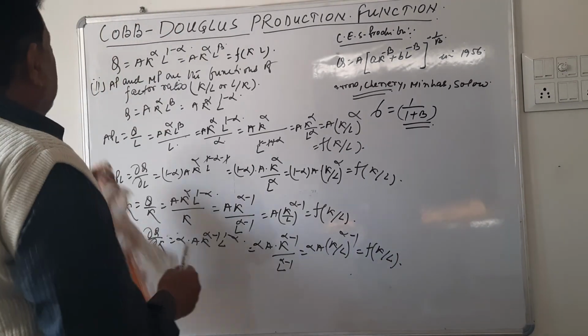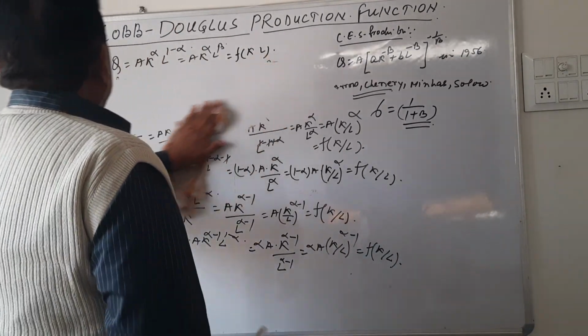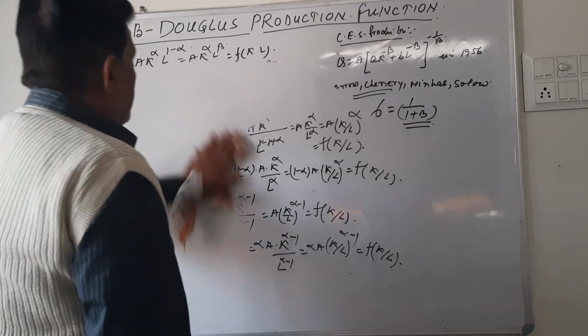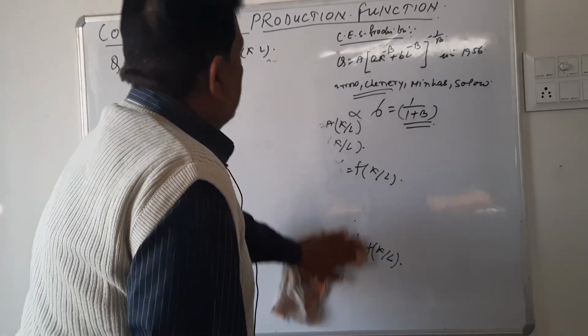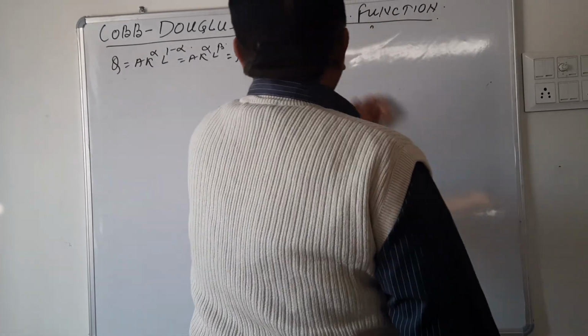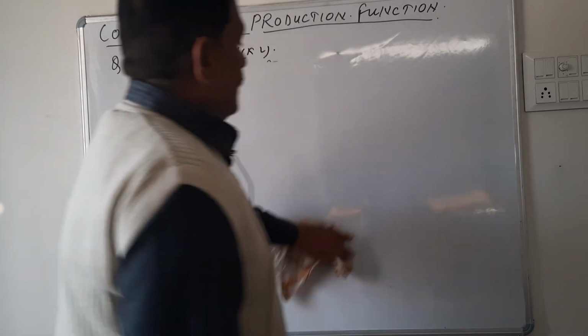Now the third property, regarding the respective shares of the factors in total product. Because K and L are contributing in the production, what shares should they have in the total product.